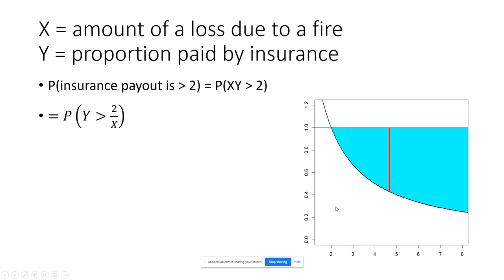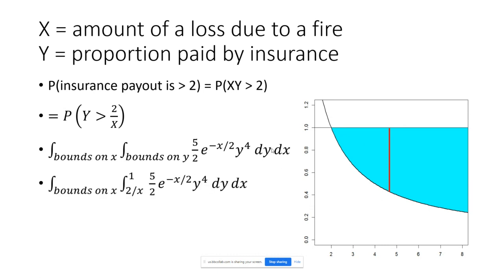Yeah, that'd be 2, because that's where the curve y equals 2 over x has to intersect the line y equals 1. And you can see on the graph that x equals 2 is our leftmost point. And then what's our upper bound for x going to be? Yeah, it's infinity.